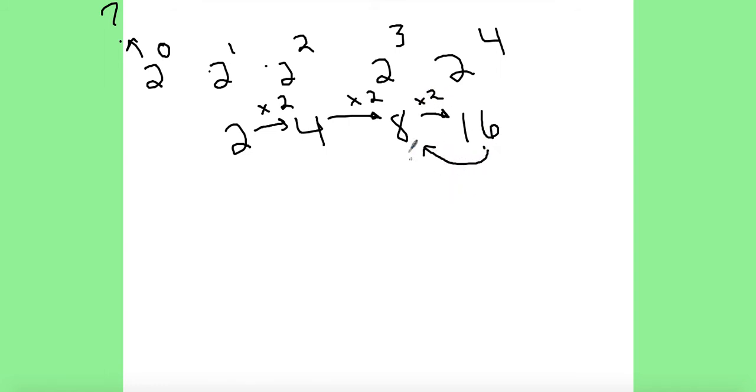To get from 16 to 8, I have to divide by 2. 8 to 4, divide by 2. 4 to 2, divide by 2. Well, I'm just going to keep going. Divide by 2. How much do I have? 2 divided by 2 is 1.